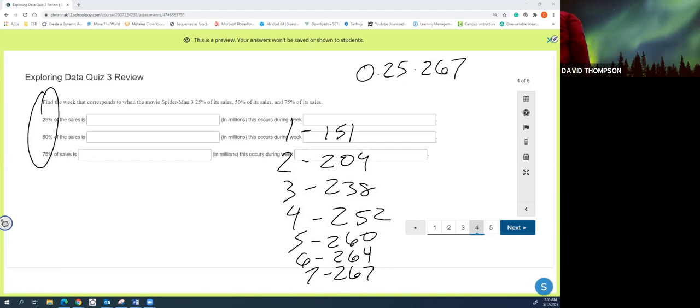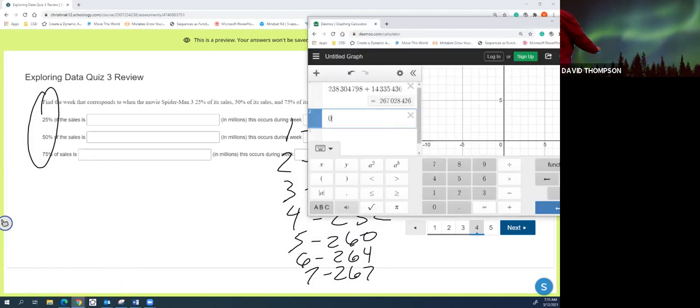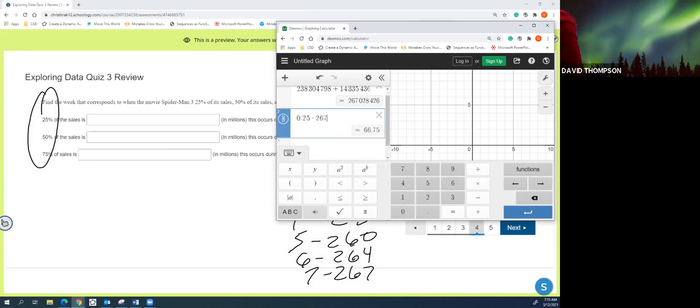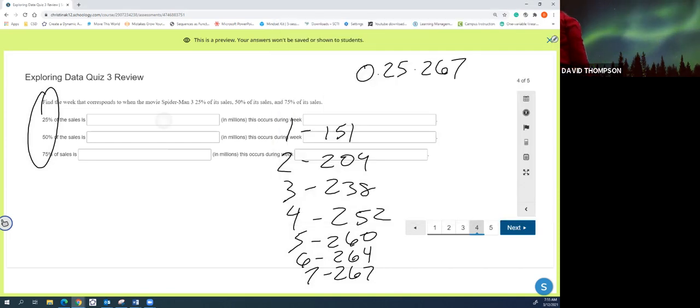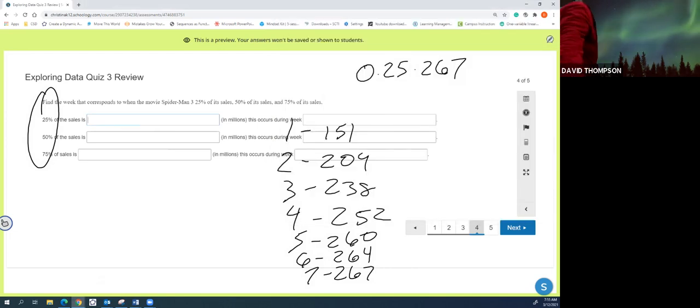I'll grab our calculator. 0.25 times 267, and that's 66.75. I'm going to type in 66.75.